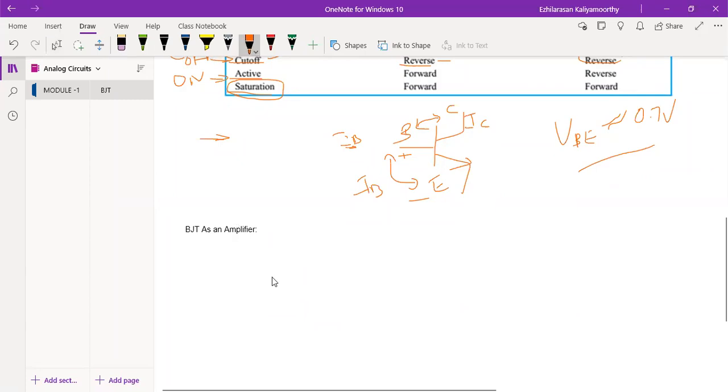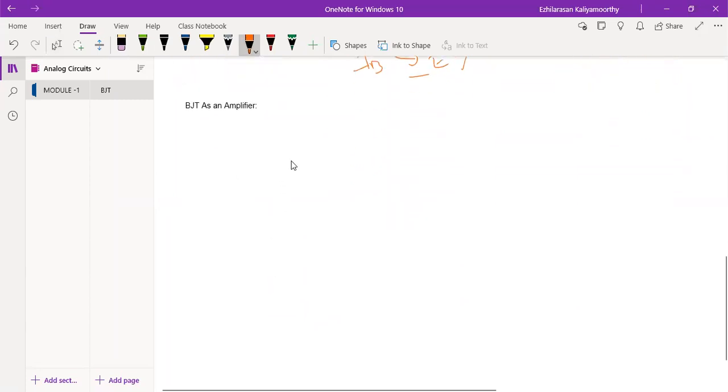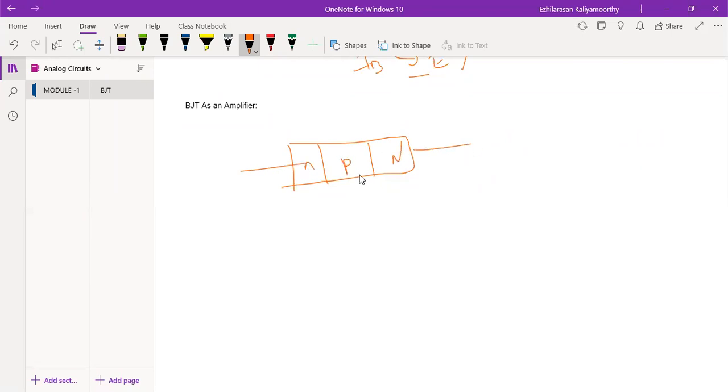For that, let us consider one NPN transistor. For the amplifier, there are three terminals.